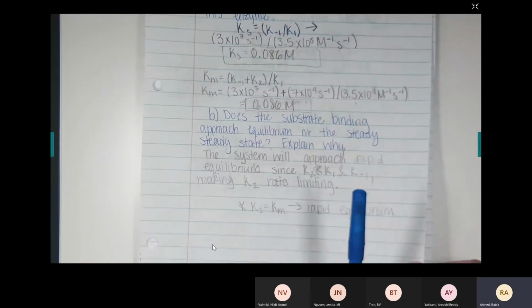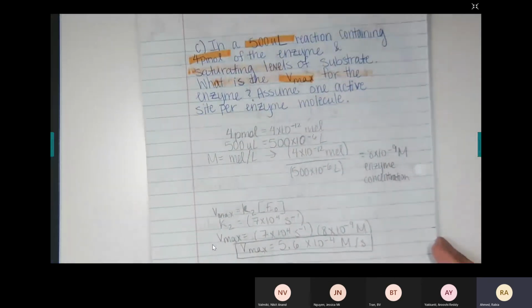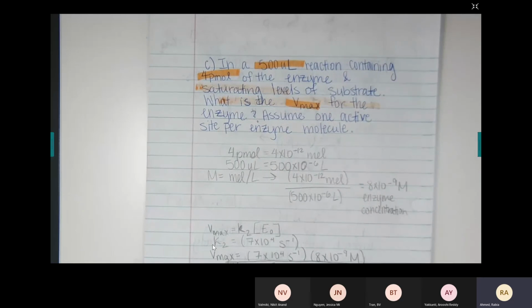Okay, I'm going to move on to 4c, if no one has questions. In a 500 microliter reaction containing 4 picomoles of the enzyme and saturating levels of substrate, what is the Vmax for the enzyme? Assume 1 active site per enzyme molecule.